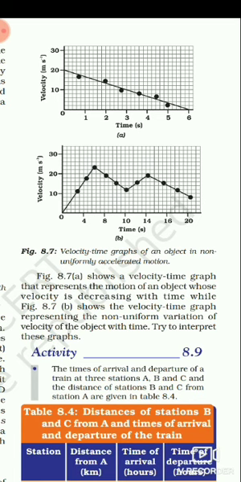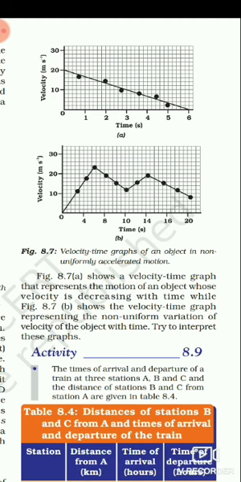Now for this example where velocity is decreasing with time uniformly, we also get a straight line inclined with the time axis, but it is downward. That is, as the velocity is decreasing, the graph will be a straight line inclined with the time axis, but in the downward direction.